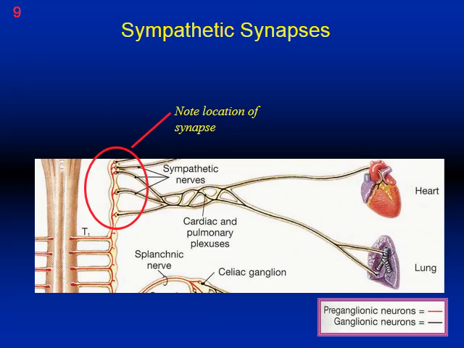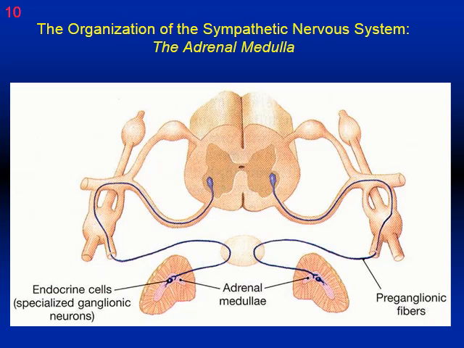All right, so again, in sympathetic synapses, just note the location of the synapse. The first ganglia is on the side or close to the spinal cord. So the first fiber is much shorter than that second fiber. This slide is just to remind us that the adrenal medulla is what we would consider a ganglion, a modified sympathetic ganglion. And so that first fiber leaves the CNS and forms a synapse in the adrenal medulla with the chromaffin cell of the adrenal medulla, releasing which neurotransmitter if this is a ganglion?